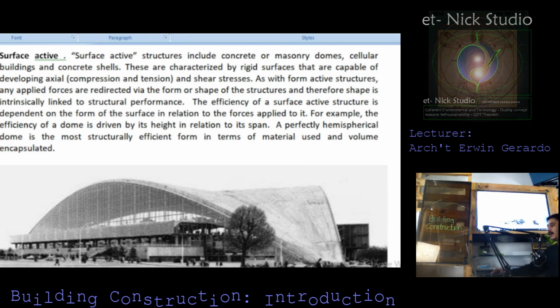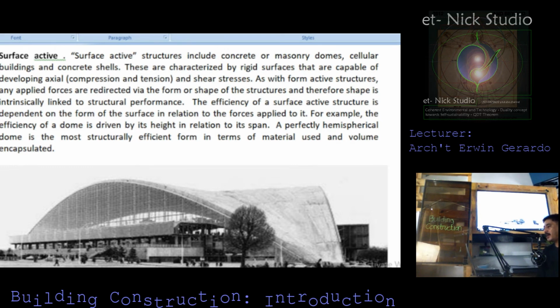These are characterized by rigid surfaces that are capable of developing axial compression and tension, and shear stresses. As with form active structures, any applied forces are redirected via the form or shape of the structure, and therefore shape is intrinsically linked to structural performance.